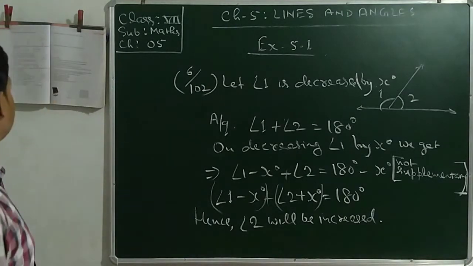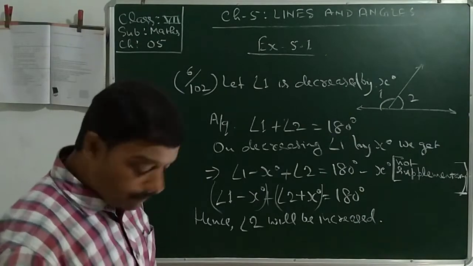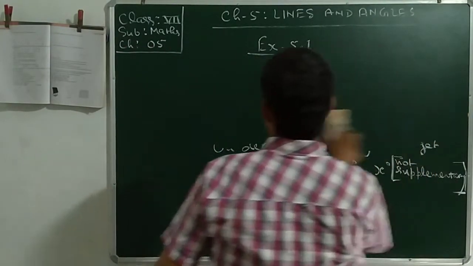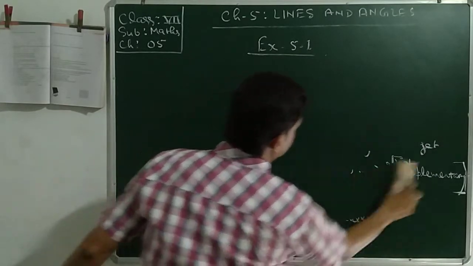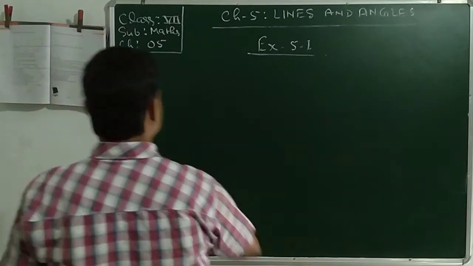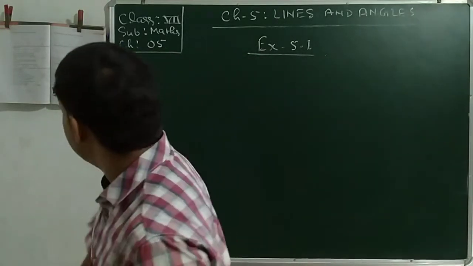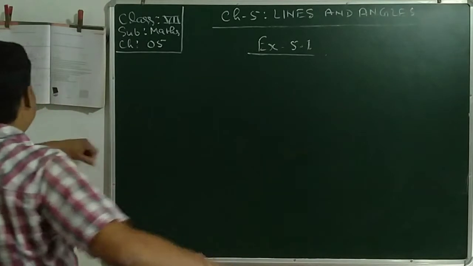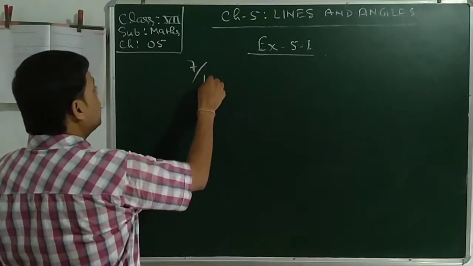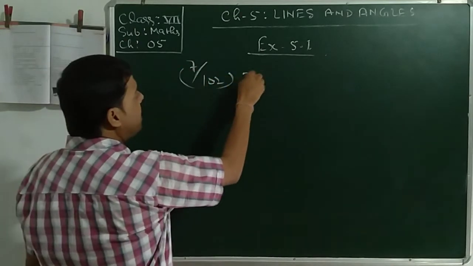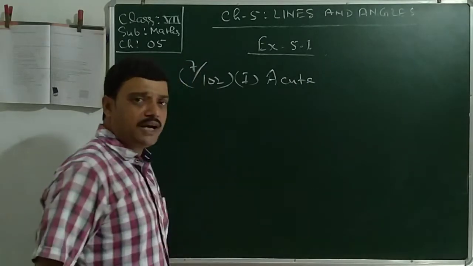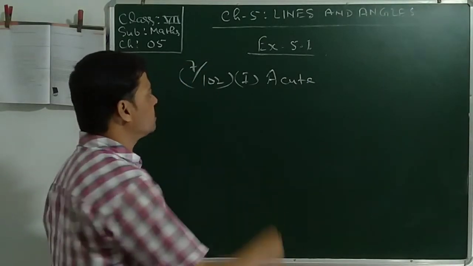Now come to the next sum, that is number 7 sum. In the number 7 sum, it has been asked, can two angles be supplementary if both of them are acute? First part is acute. Let us clarify by assuming the angle to be x.